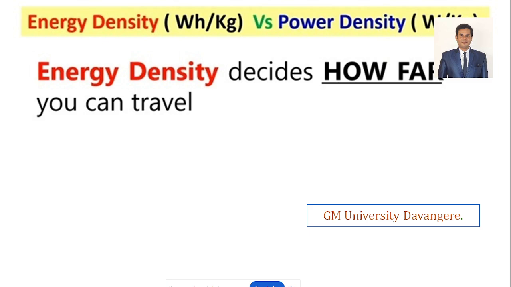How far you can travel, for example, if you are traveling for 5 kilometers, or sometimes from 0 kilometers to 10 kilometers, it means the energy will be there, and how far the energy can be delivered to the loads.